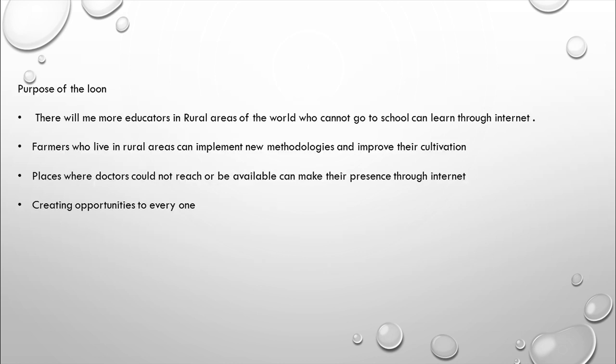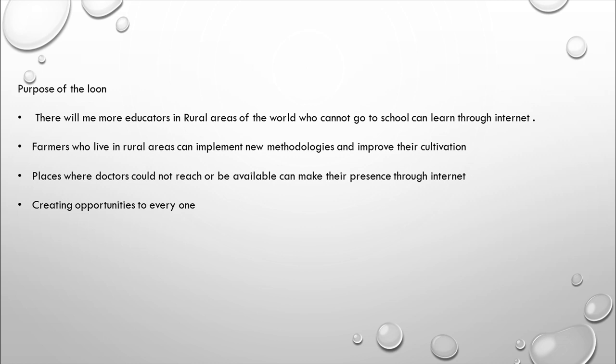Coming to the purpose of Loon, although there are many education aspirants in the rural areas, due to lack of facilities many of them fail to fulfill their dreams. Google Loon is a project that can help this sector of people to some extent by educating them. Farmers who live in rural areas can implement new methodologies and improve their cultivation.